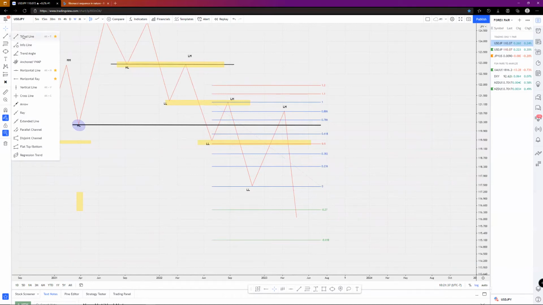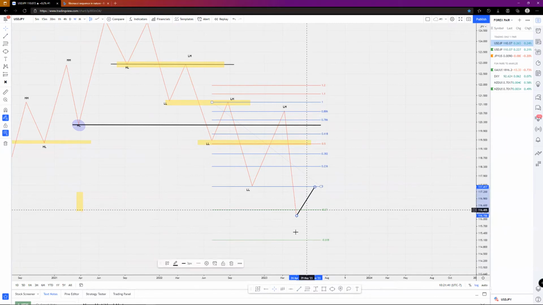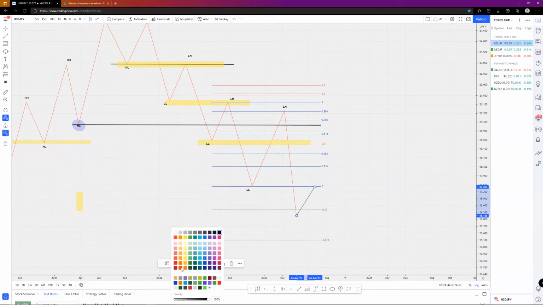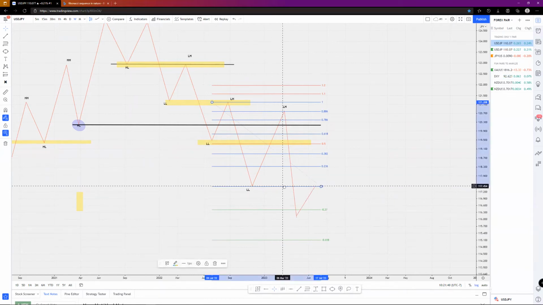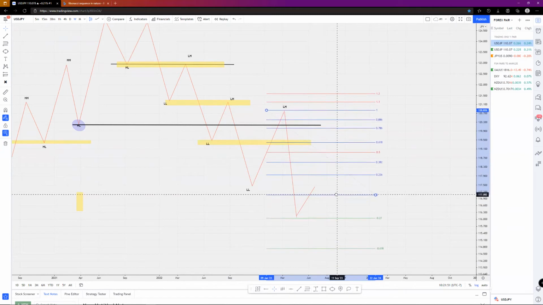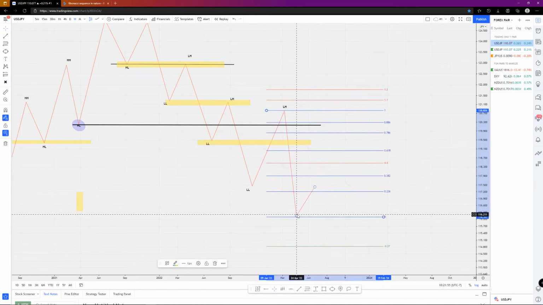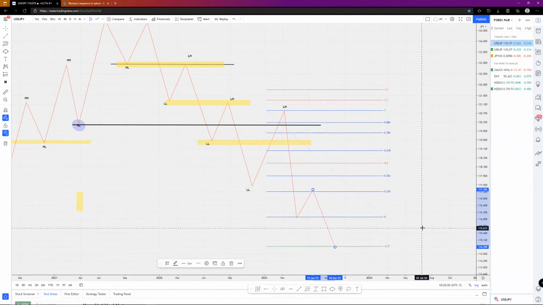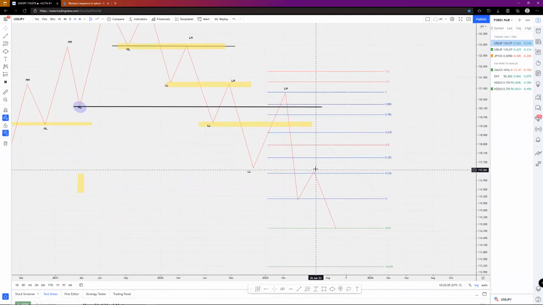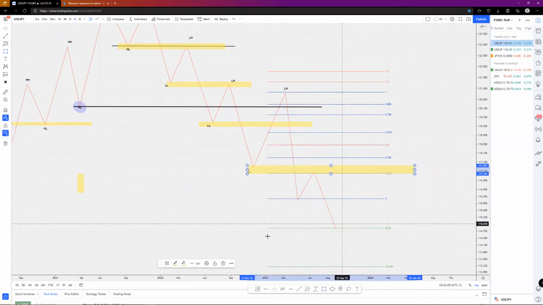If you see market structure do something like this, right? It's not the same color. So if market structure does this and overall did hit your TP, and you're like this now, you could not validate that as a valid lower high.